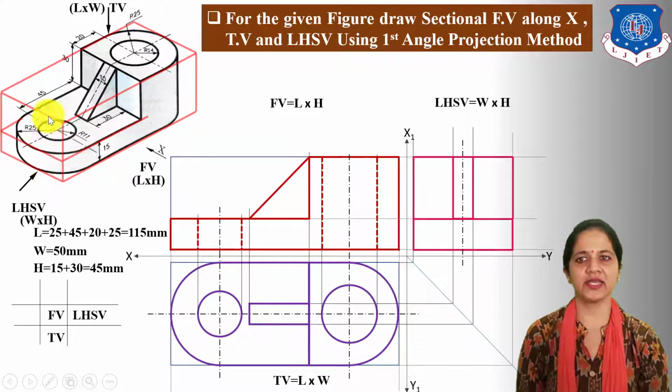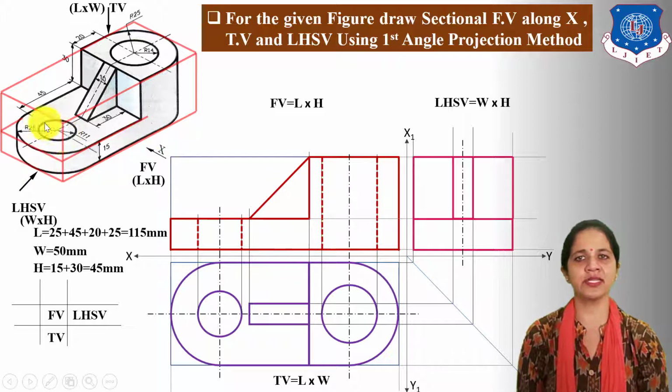Next project inner surface of these two holes. One is 11 mm radius hole which is drilled up to 15 mm height and another is 14 mm radius hole which is drilled throughout height which is 45 mm.